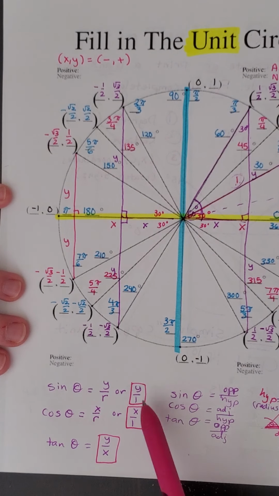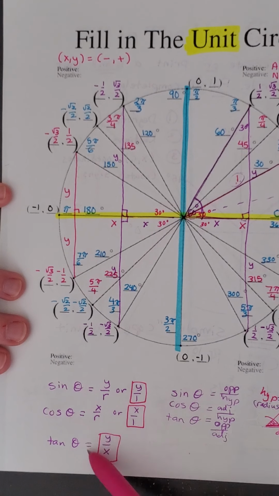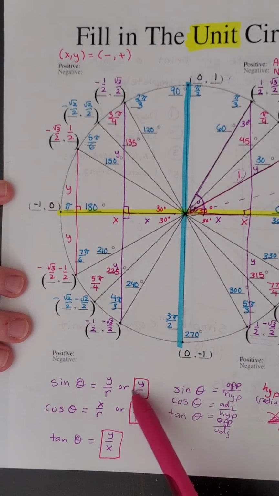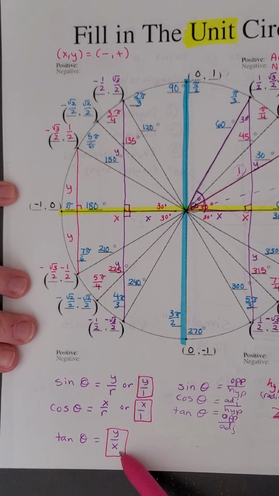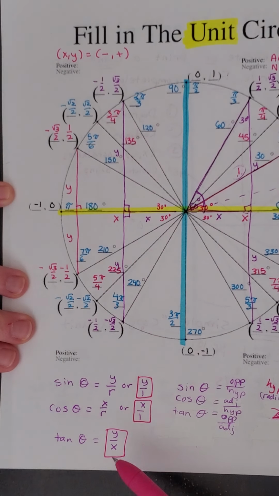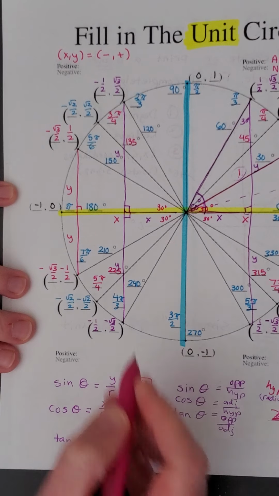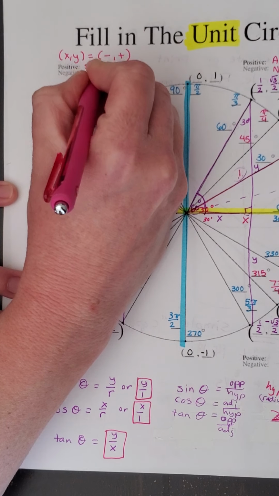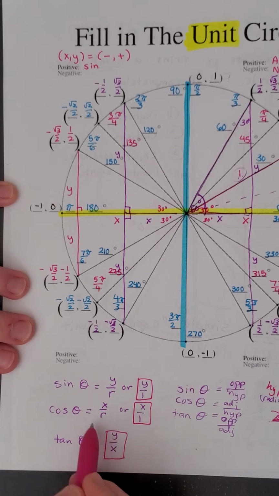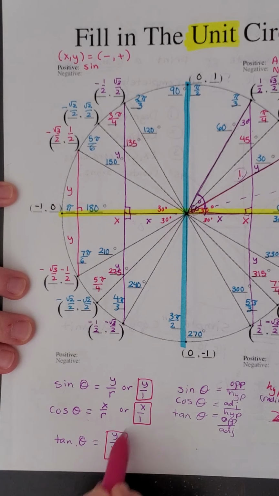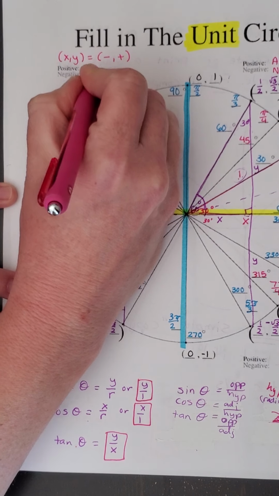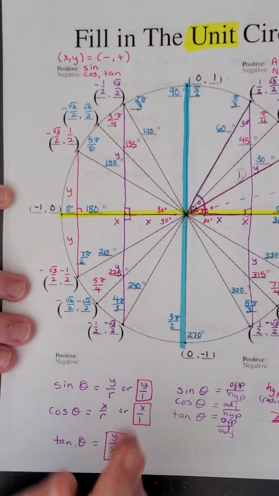So any function that uses an x over here will be negative. Sine will be positive because it does not use x. But since cosine and tangent both have an x, cosine and tangent will be negative.